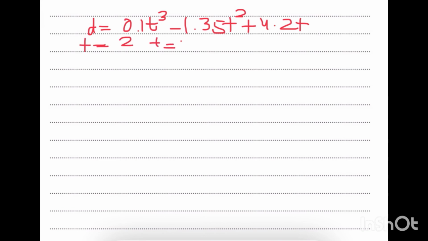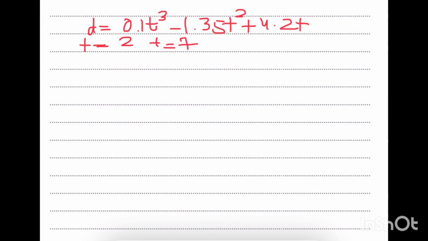So now we have the displacement formula, which is 0.1 t cubed minus 1.35 t squared plus 4.2 t. Other than that, we have the times when particle P is at rest, which is when t is equal to 2 and t is equal to 7.